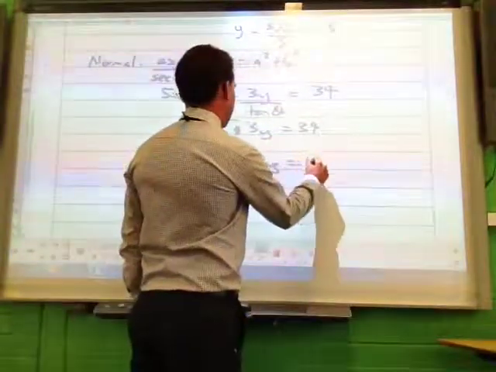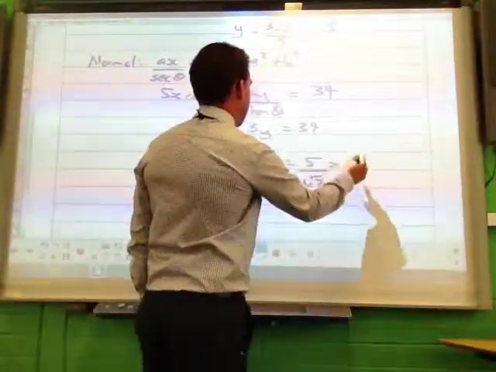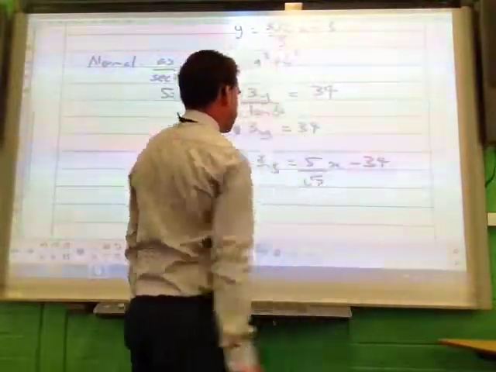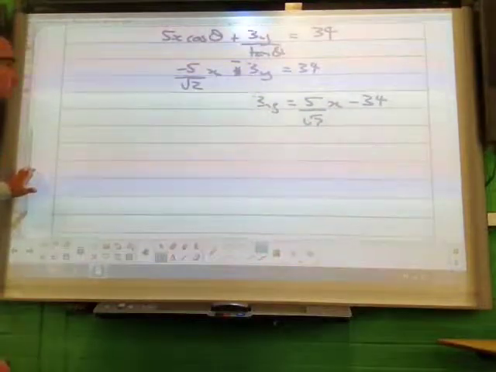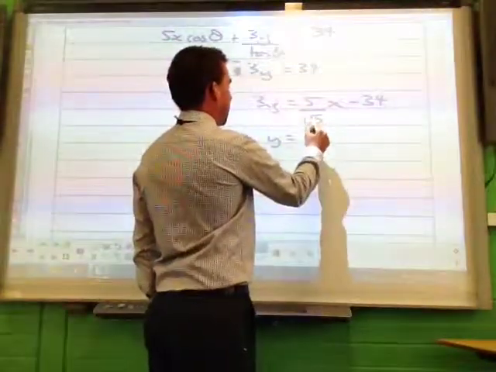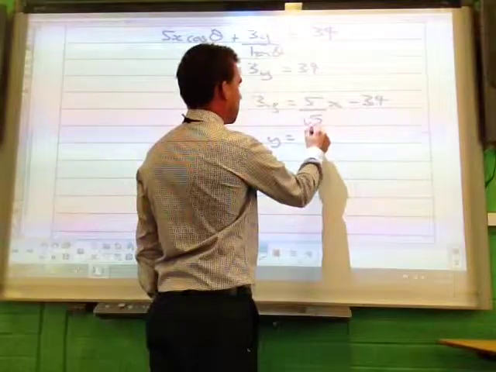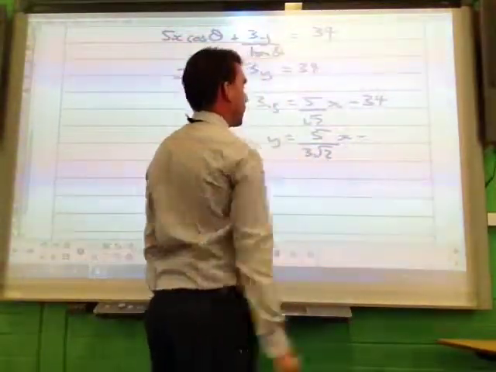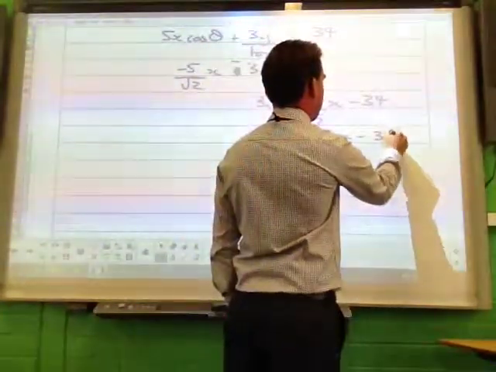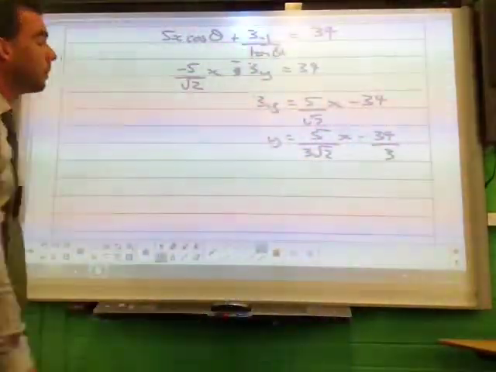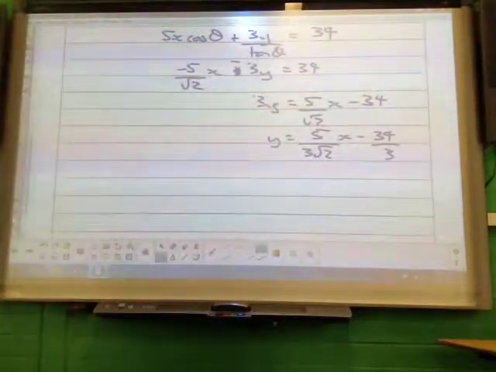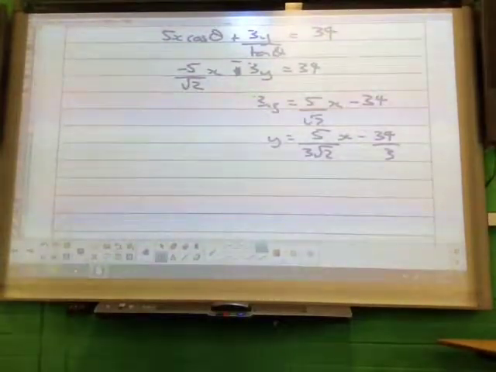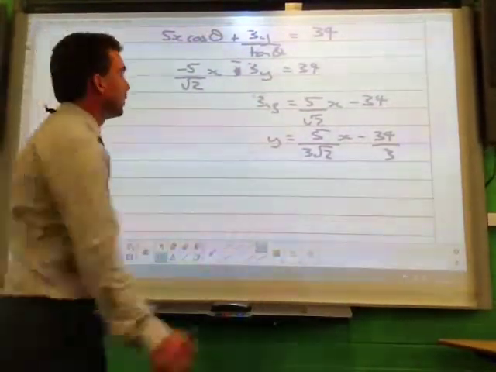Alright, so 3y is going to be 5 on root 2 x, and 34. Y is going to equal 5 on 3 root 2 x, take away 34 on 3. Nope, because you're dividing by 3. Wouldn't the 5 root 2 be negative? Yes it would.